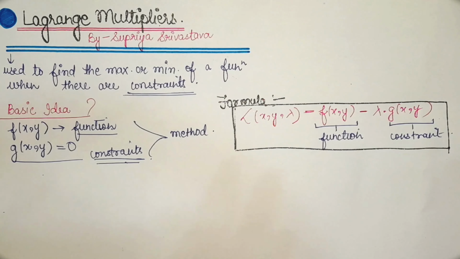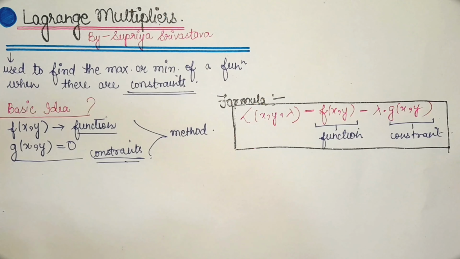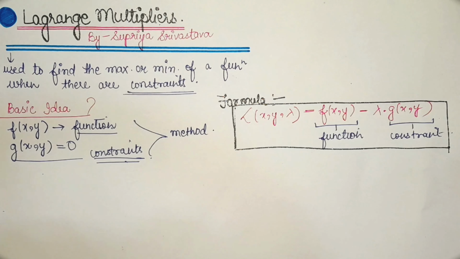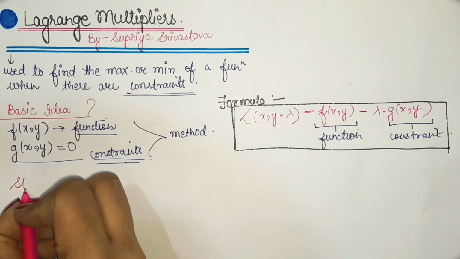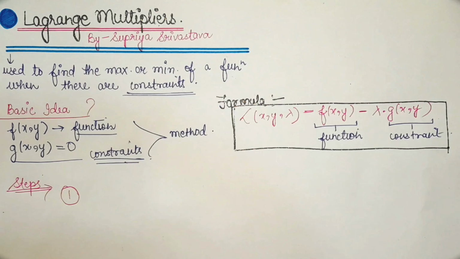So now we know what a Lagrange multiplier is and the basic ideology behind it. Now we'll see several steps which can be used in order to solve a Lagrange multiplier problem, right? So the first step is to set up the problem.